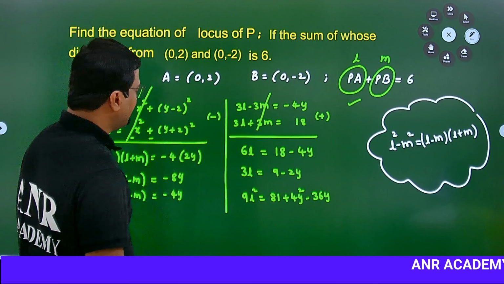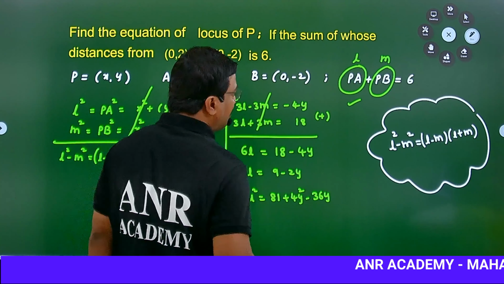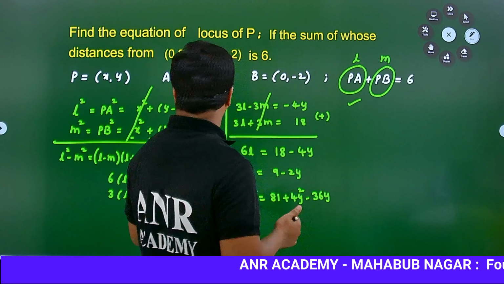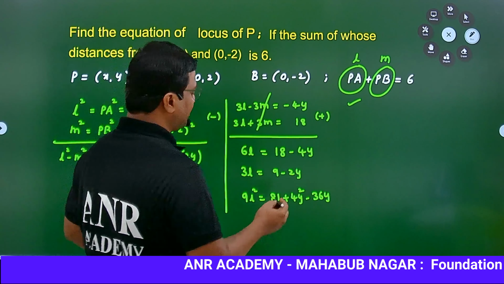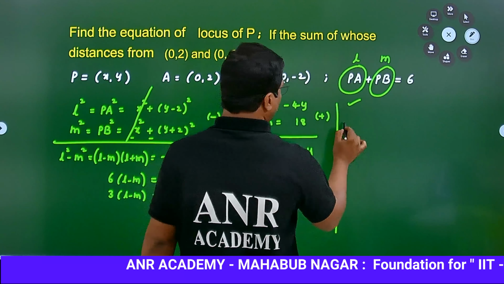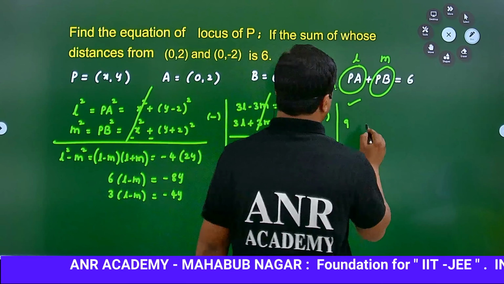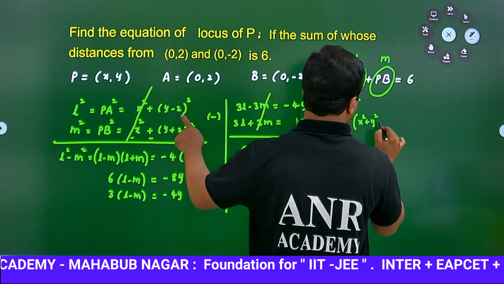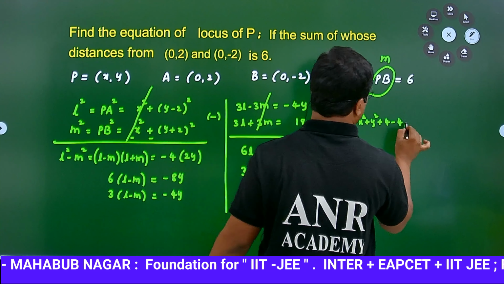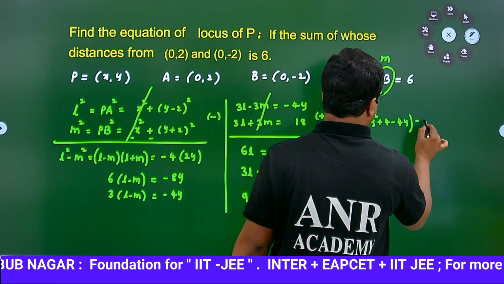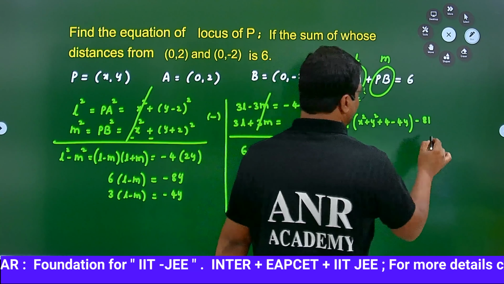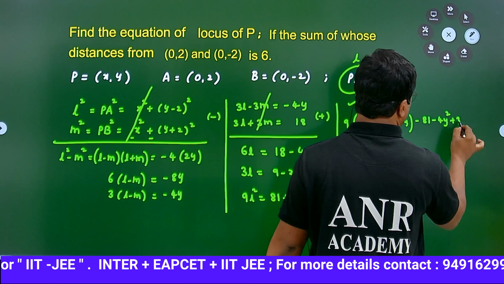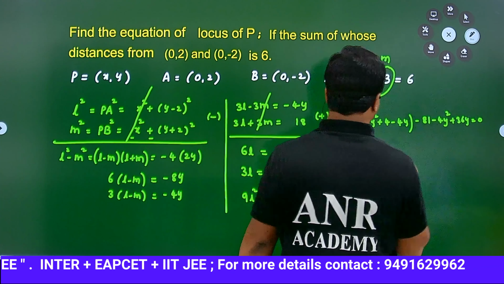On simplification you get the result, left hand side 9 times L square, that is 9 times the L square value, X square plus Y square plus 4 minus 4Y, and in the right part you have 81 plus 4Y square minus 36Y, it is equal to 0.